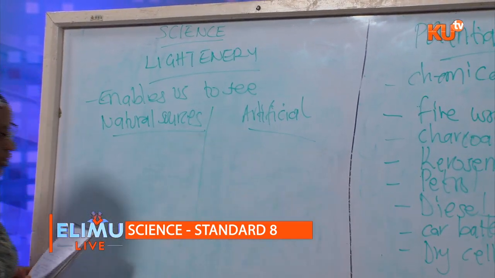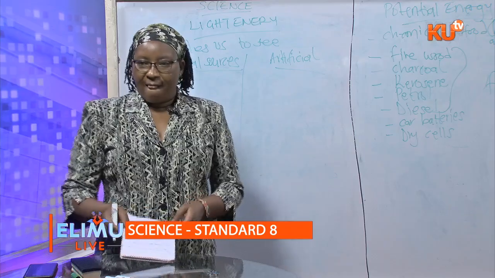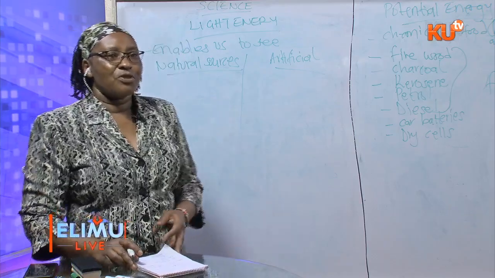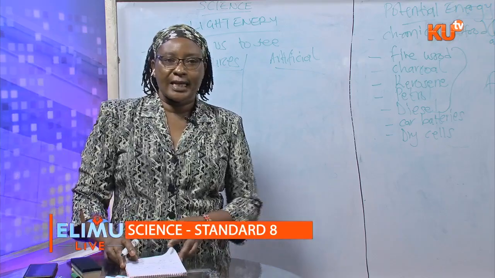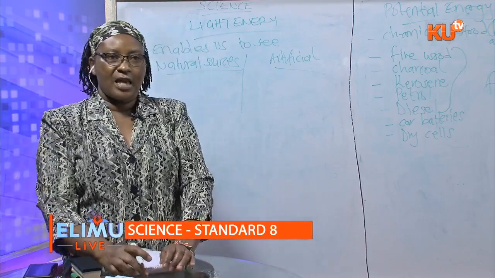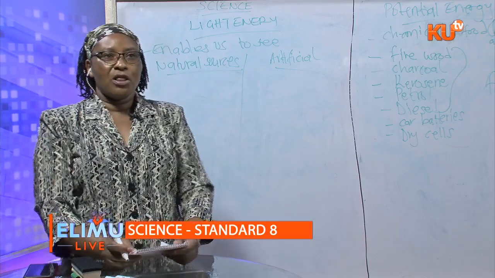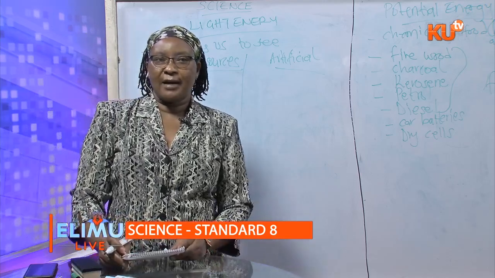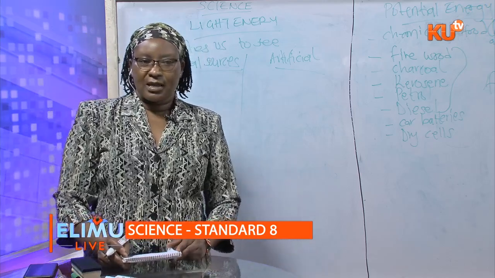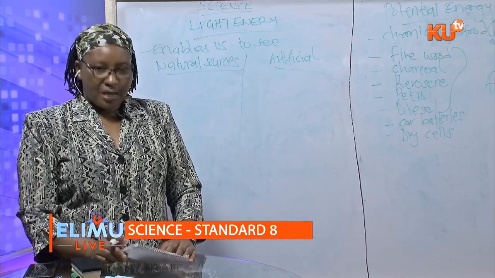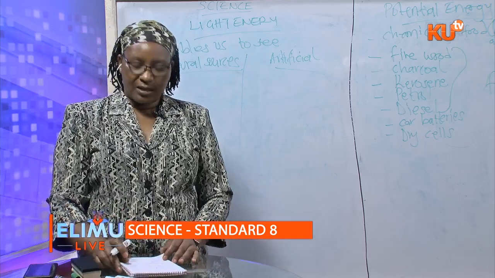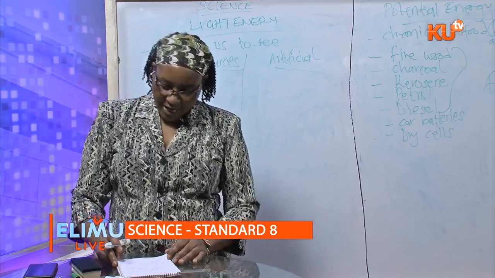Now, natural sources of light are the sources which are not man-made. We didn't create them. We found them there and they give us light. For example, man didn't create the sun. Man found the sun already there, the moon also, and the stars. Those are natural sources of light.